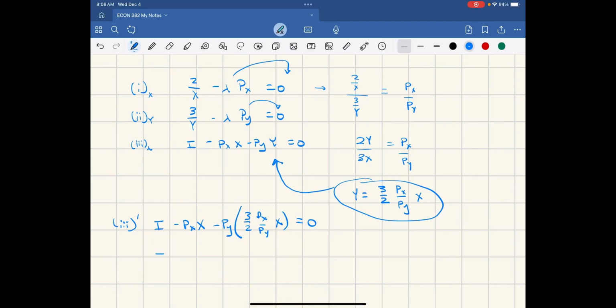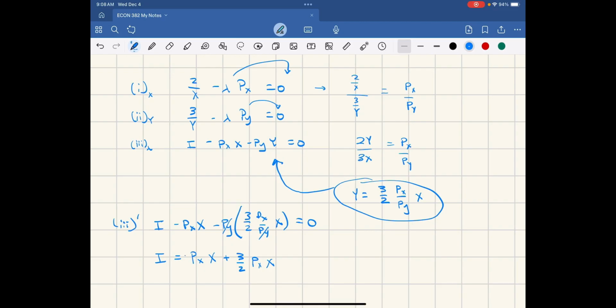So this is income is equal to pxx plus the py's are going to cancel. So I get 3 over 2. Let's make that last one a 2. Px times x. And now I can add those.